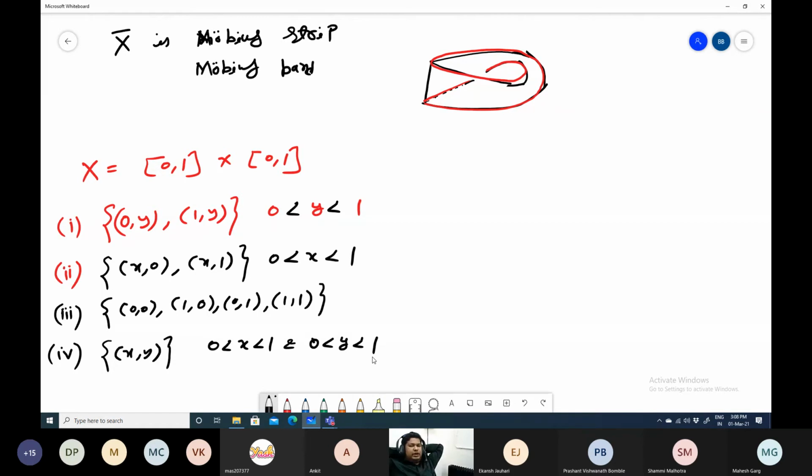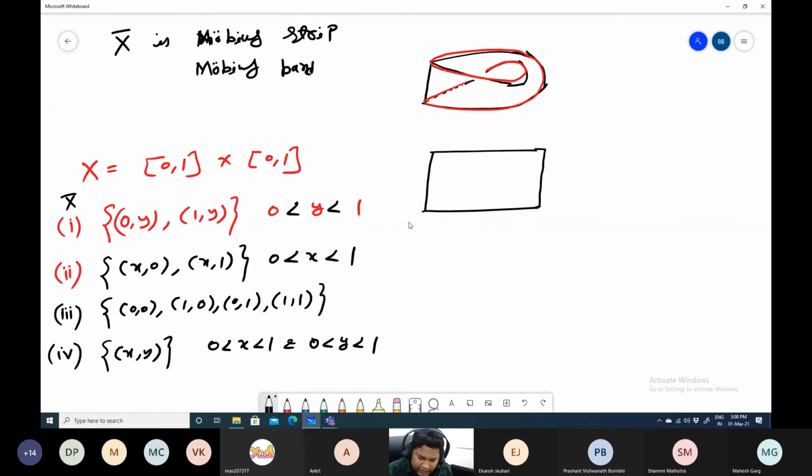Now can you tell what this will be? What will be the quotient space? Tube-like structure. Right, tube. So why? First we have this rectangle.